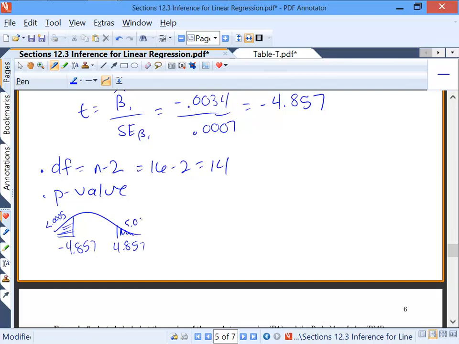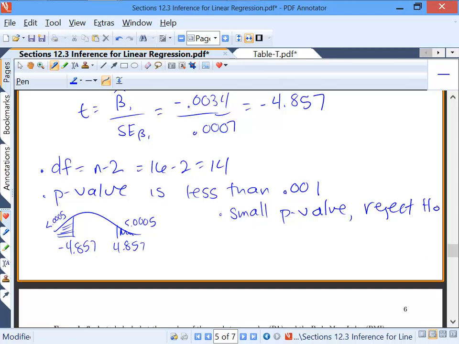This tail is less than 0.0005. So my p-value is less than what? 0.001. Because I have to double it since I have two tails. So is that a big or small p-value? Small p-value.